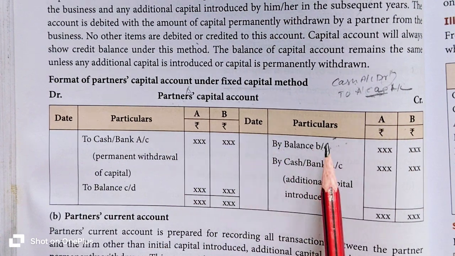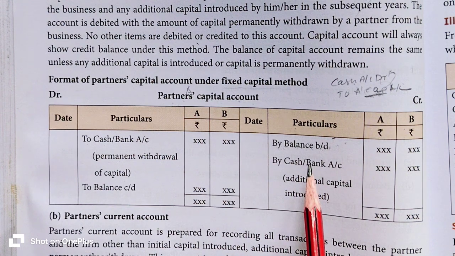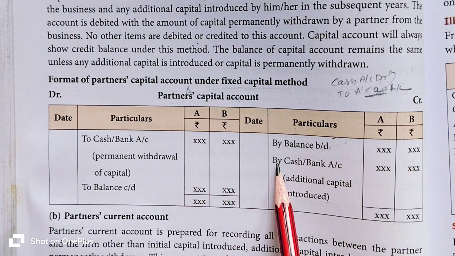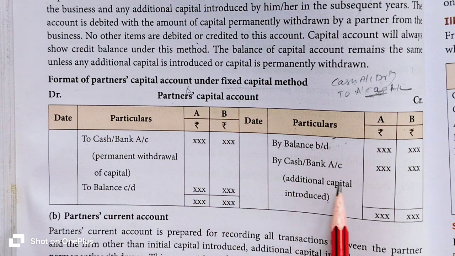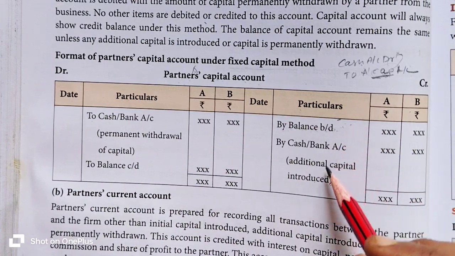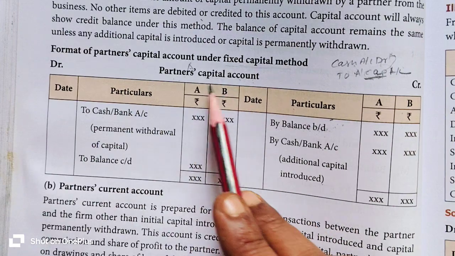Then whenever any partner introduces additional capital during the year, on the same credit side you write by cash account or by bank account, and within the bracket you write additional capital introduced. These two items appear only on the credit side of the partners' capital account.